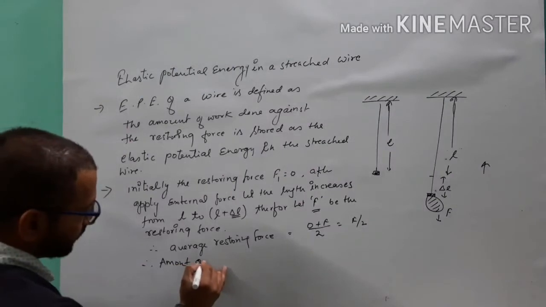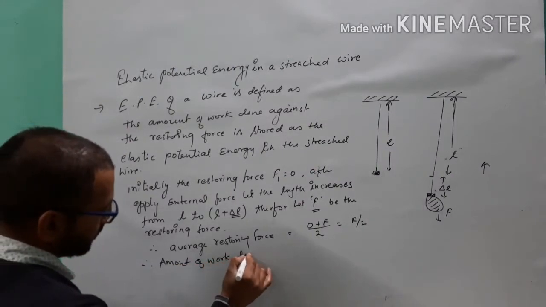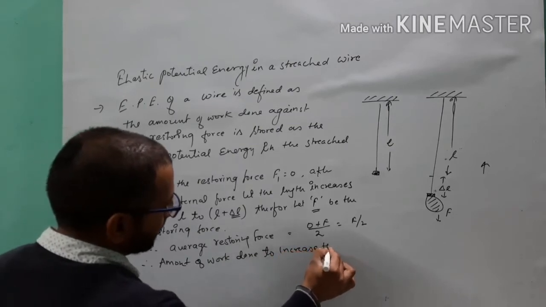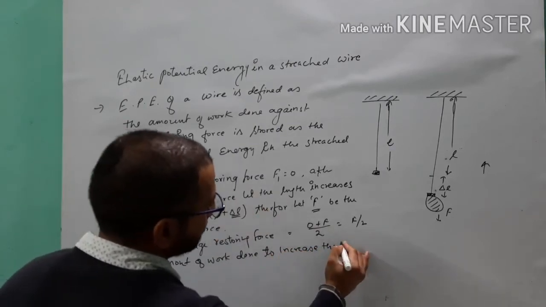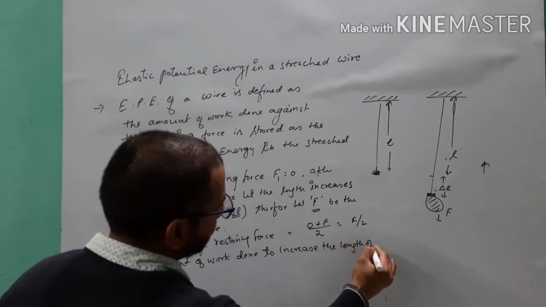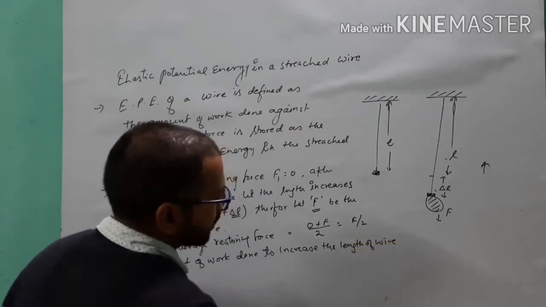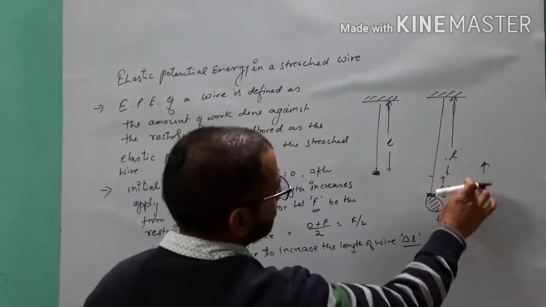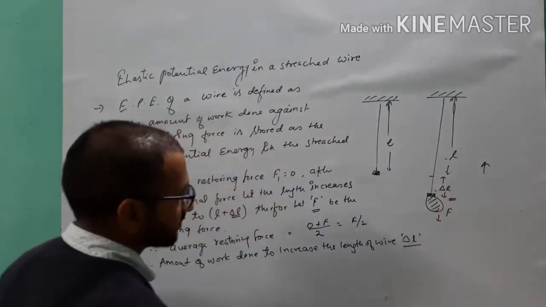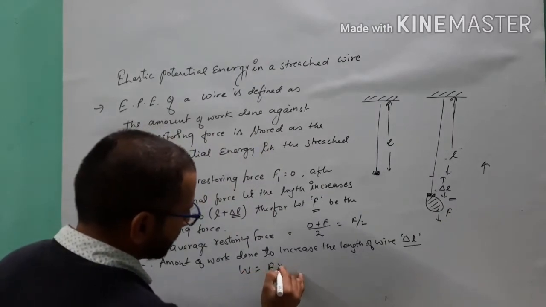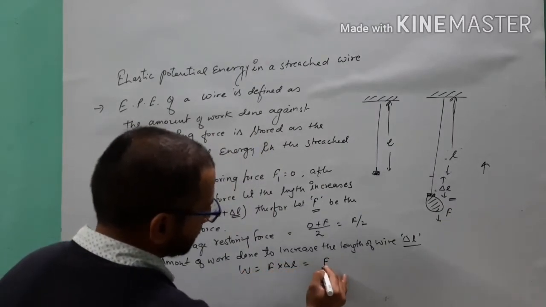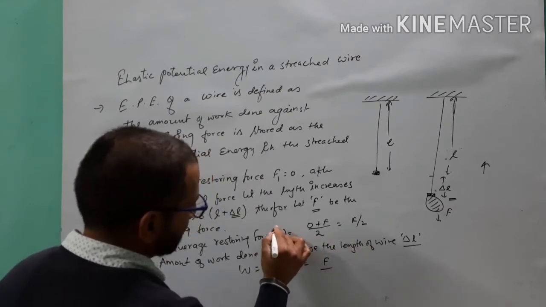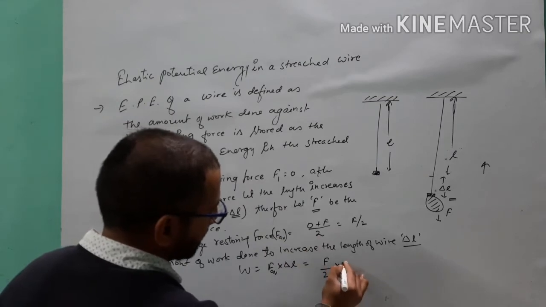So the amount of work done to increase the length of the wire by delta L, for a small displacement, is W equals force into delta L. Force is here the average force, so F by 2 times delta L.